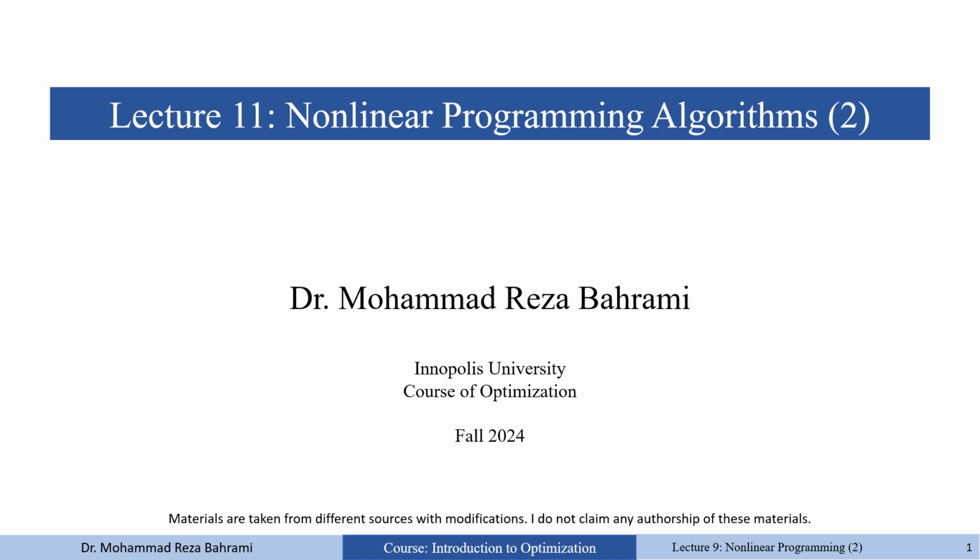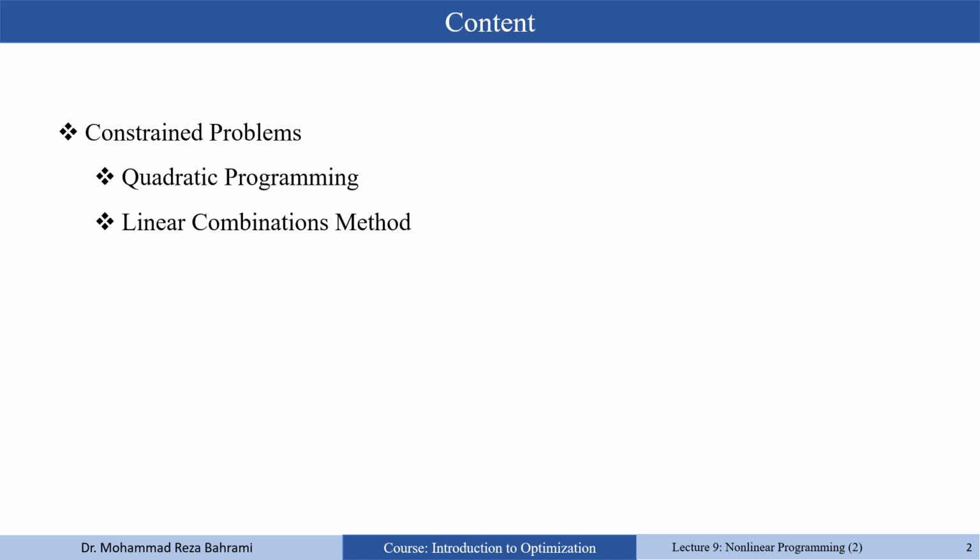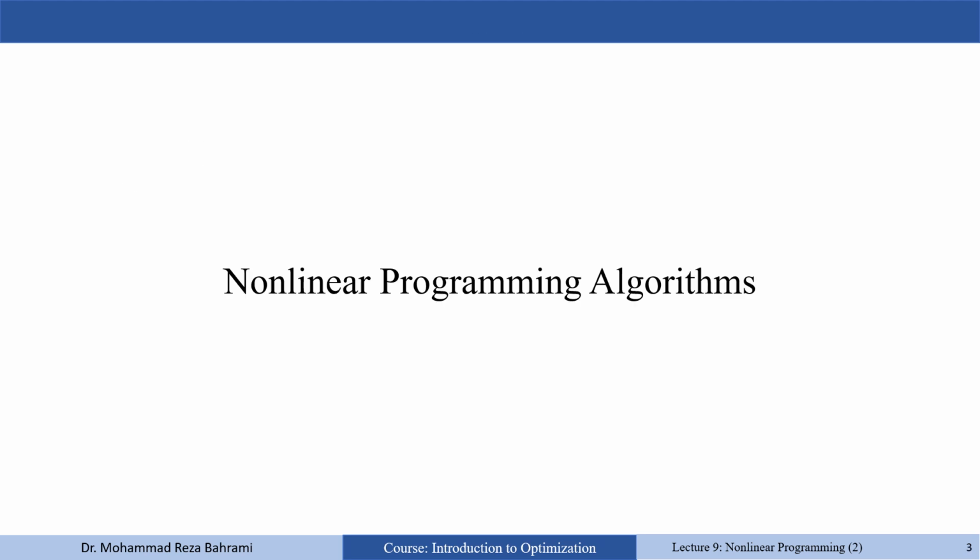This is the last lecture of this semester, and we target nonlinear programming algorithms. This lecture is the continuation of the previous lecture and last week. In this lecture, we are going to target constraint problems, and we are talking about two methods to solve them: quadratic programming and the linear combinations method.